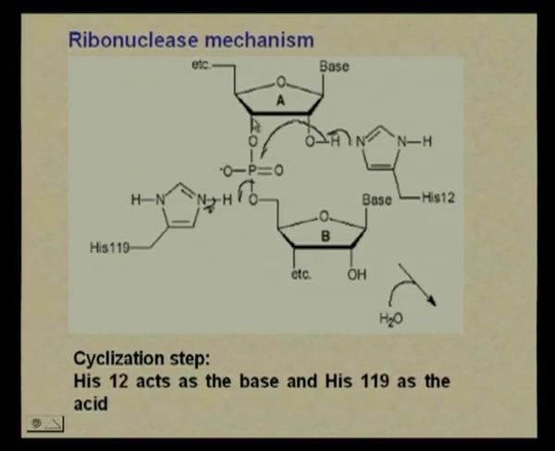In an event, what happens? A cyclic phosphate intermediate is formed, and the O that forms here, this H is abstracted from histidine 119 in what is called the cyclization step, and histidine 119 acts as the acid, where histidine 12 has acted as the base.